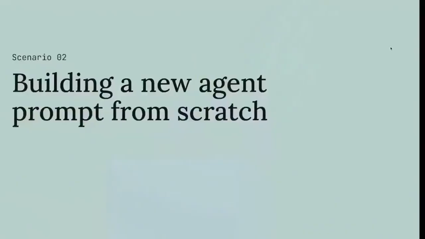And when we're building a new agent from scratch, we need to consider not just the prompt, but also the model that we're using and the harness that we're using. So in this next example, we're going to compare a number of approaches to explore the impact of those three different areas.